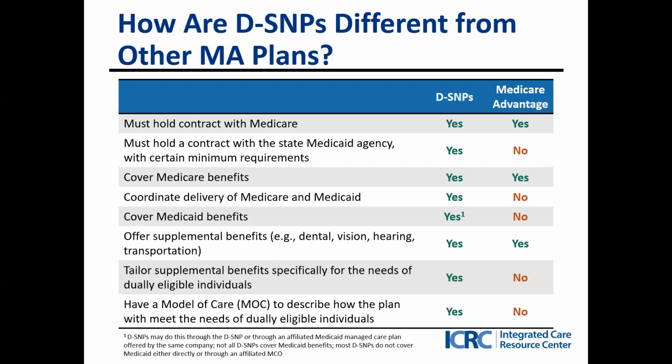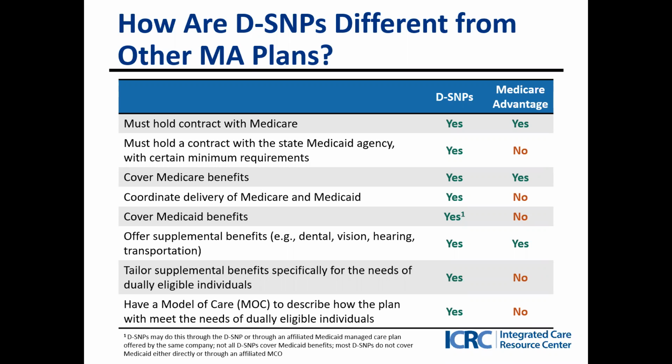Not all D-SNPs do this, in fact most don't, and the extent to which a D-SNP covers or coordinates Medicaid services depends on the requirements set forth in their state Medicaid agency contract. I'll talk a little bit about how states can leverage their SMAC to define coverage requirements for D-SNPs, and Giselle will go into more detail on this topic later on.